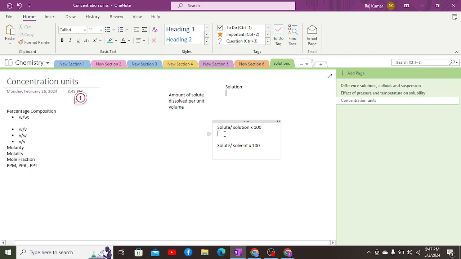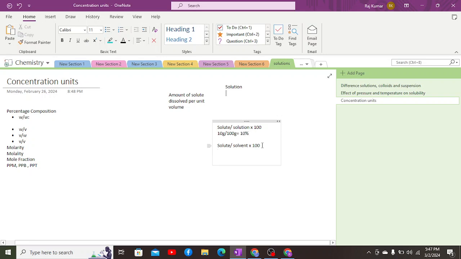Let's suppose we have 10 gram of solute dissolved in 100 gram of solution. Please remember the word solution. So 10 gram of solute dissolved in 100 gram of solution would be written as 10 by 100 into 100, due to which the answer will become 10%, right?